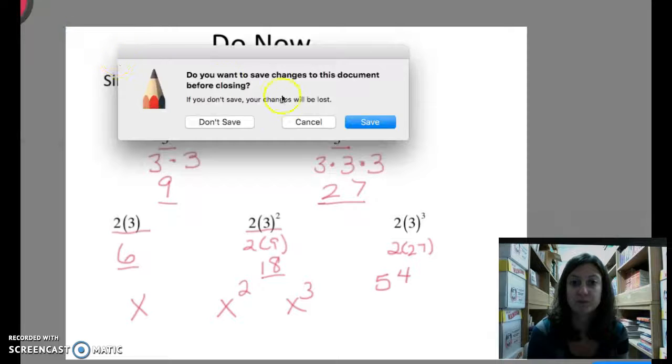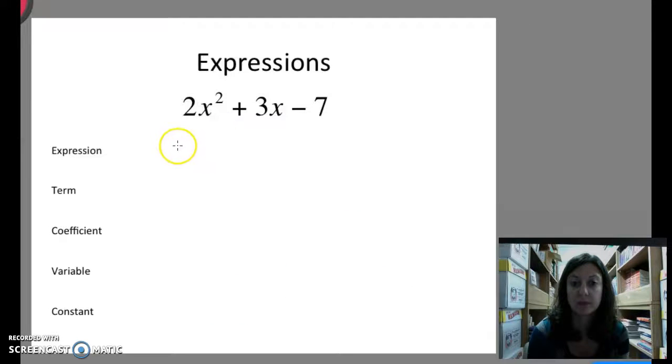Okay, so slide 2. Here I have an expression that has 3 different terms. So an expression is basically just a number phrase. It's kind of like a number sentence, but it doesn't have an equal sign, so it's a number sentence with no equal sign.